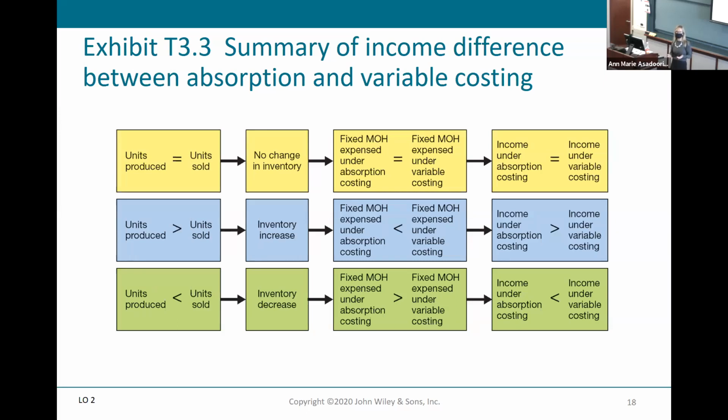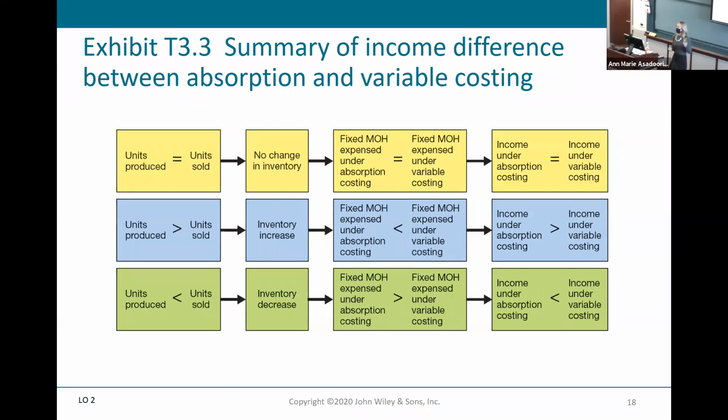So it gets really hard to see how well you're performing in relation to the changes you are trying to make. And so variable costing takes out that inventory distortion. When you look at your net income, the only thing that's affecting that net income is going to be the revenue or the sales that you are bringing in. Much easier to read in terms of making improvements in your company.